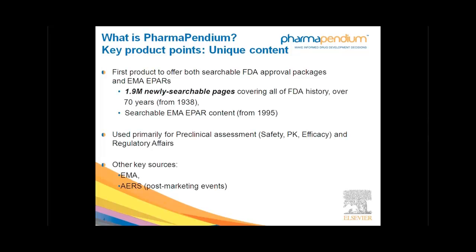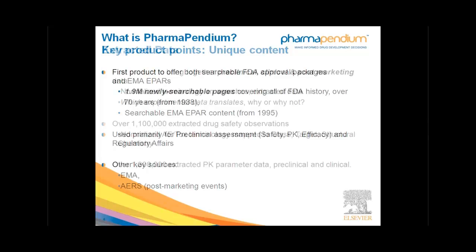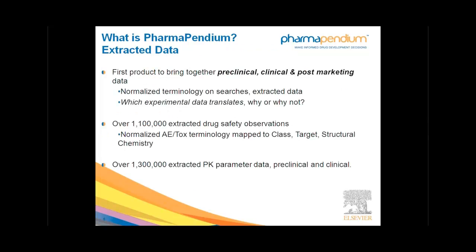PharmaPendium is the first product to bring together both preclinical, clinical, and post-marketing data, with over 1.1 million extracted drug safety observations and over 1.3 million extracted PK parameter data in both the preclinical and clinical areas. We will be making reference to these during the presentation so that you can get a better idea of how to navigate PharmaPendium and get access to this material.